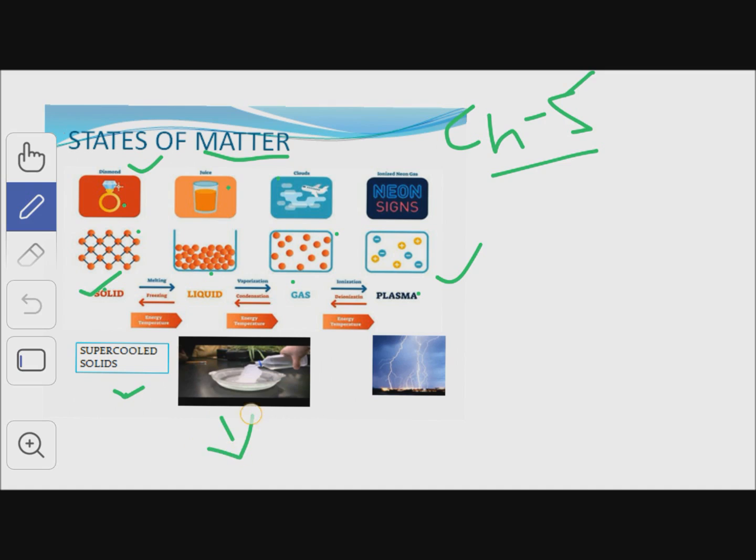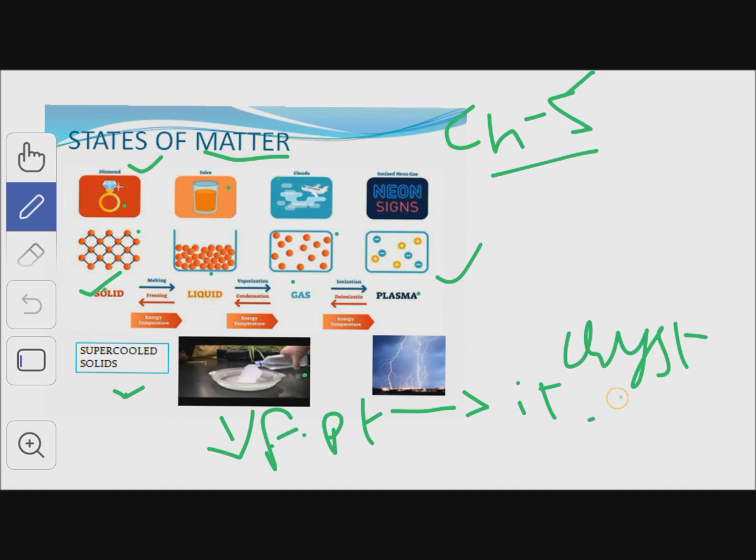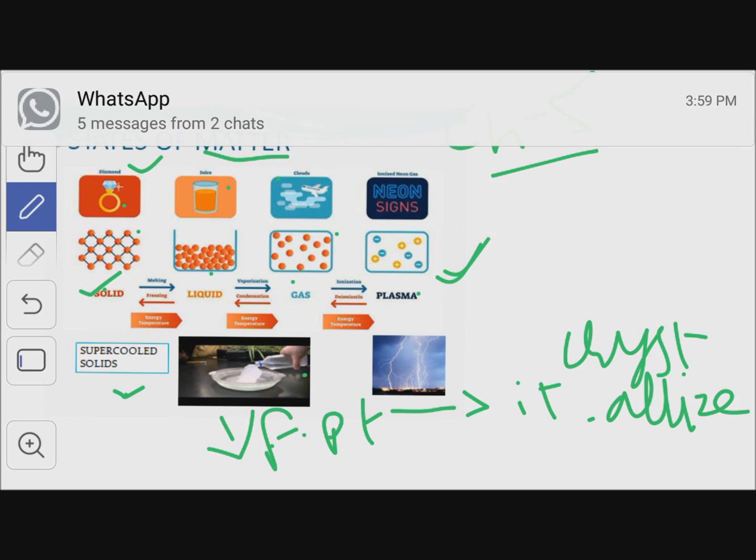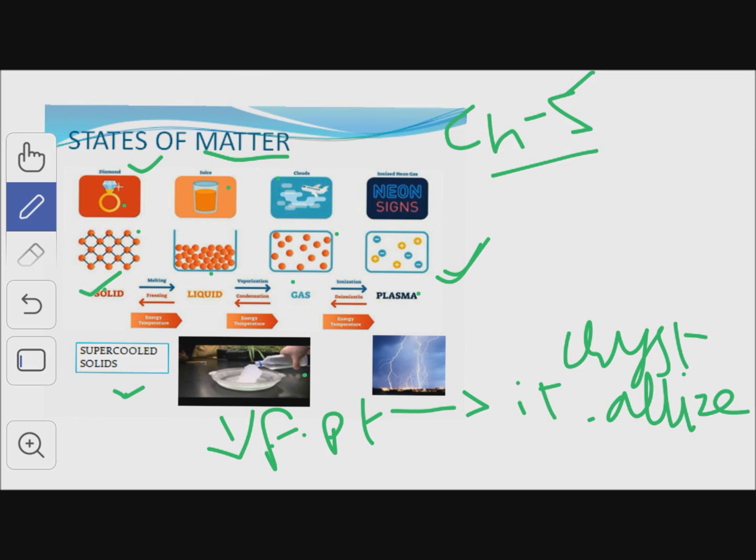When we decrease the freezing point of water, it crystallizes, and that state is called supercooled solids. Another example is glass. It is also a supercooled solid. An example of plasma is lightning and neon signs, in which neon, a gas, is superheated and it ionizes to form ions and free electrons.